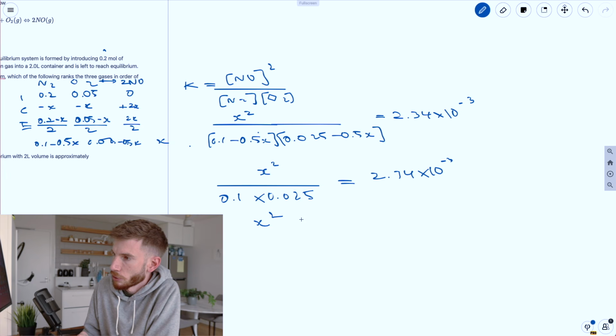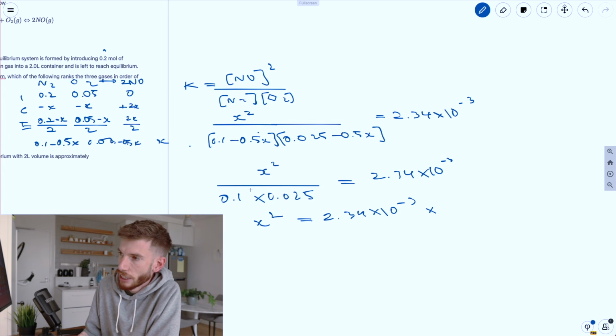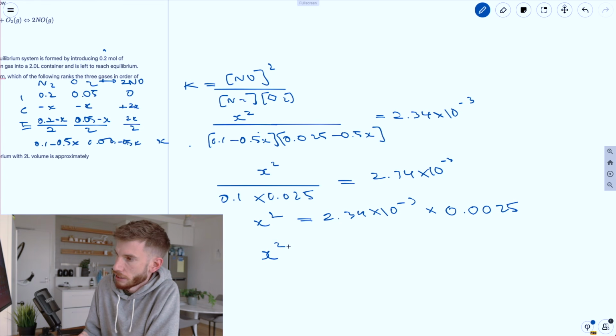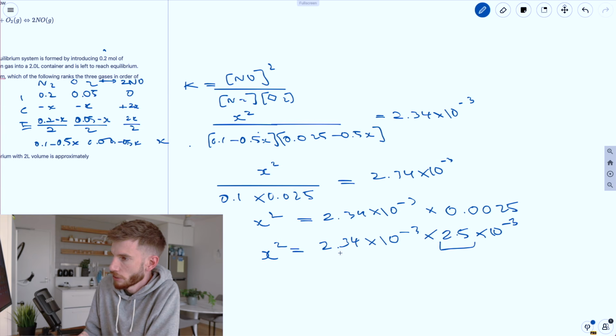Then we've got x squared is equal to 2.34 times 10 to the negative 3. I'm going to multiply this over, so a tenth of this is just going to move the decimal point across a bit more. Working with exponential formats, I would convert this to 2.5 times 10 to the negative 3. So now I can just deal with the numbers.